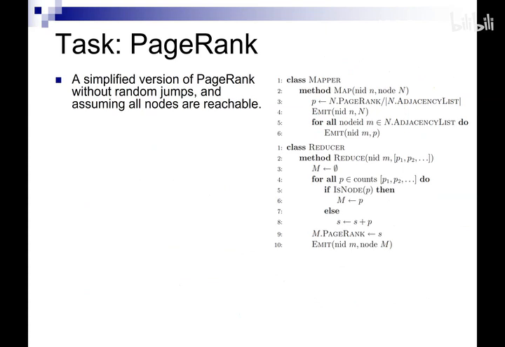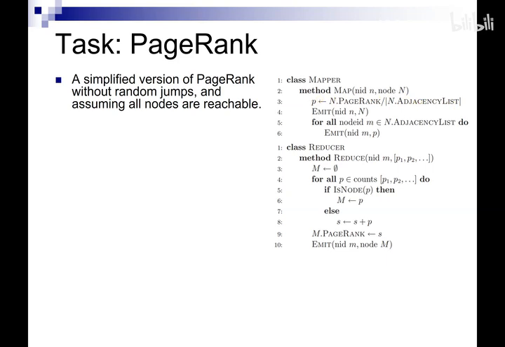Okay, so to implement this in MapReduce, what we're going to do is, for each node N, we're going to look at how many neighbors it has. So that's the size of N's adjacency list, right? And then you're going to take N's current PageRank and divide it by its number of neighbors.